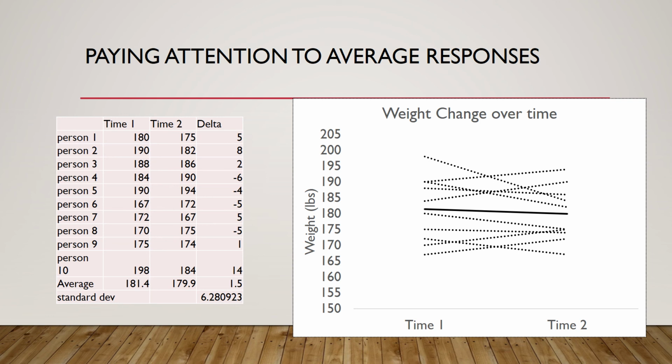So if we're looking at this, this is just weight in pounds, and each one of these is a different person. Now this solid black line, that's the average. So if we only paid attention to the average, over a certain course of time, somebody might lose 1.5 pounds. But there's a very big variance or standard deviation right here.